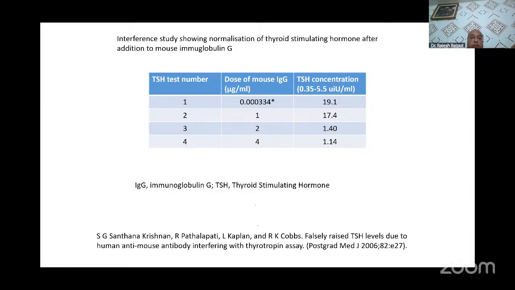When you stop such offending drugs, T3, T4, TSH become normal without giving any drug to this patient. So this is an example where thyroid function assay interference because of biotin supplement is responsible for a slight rise in TSH.